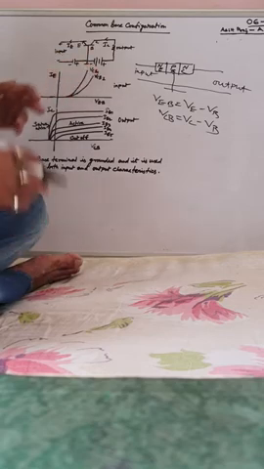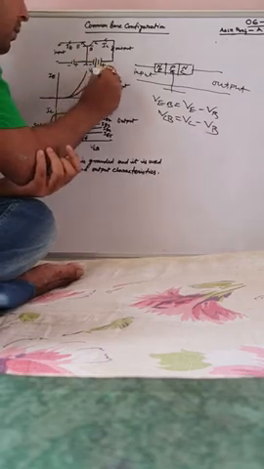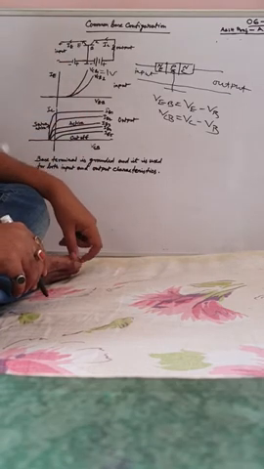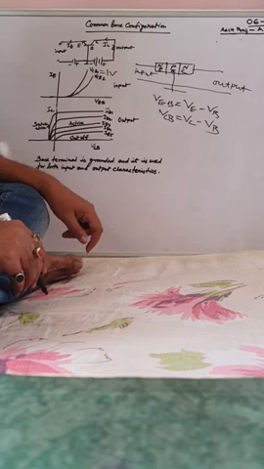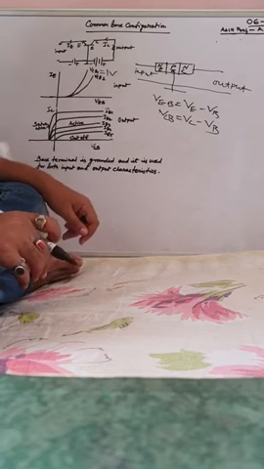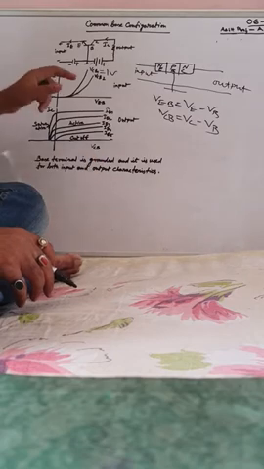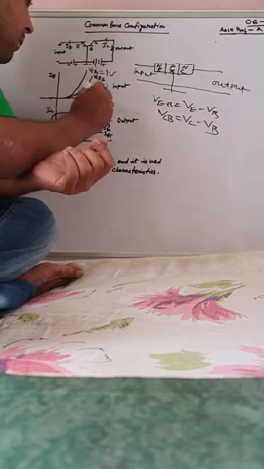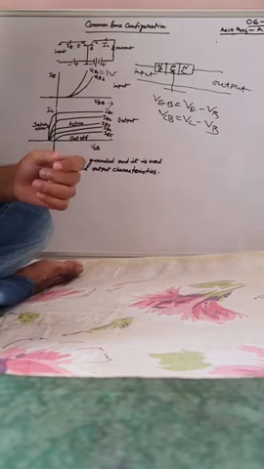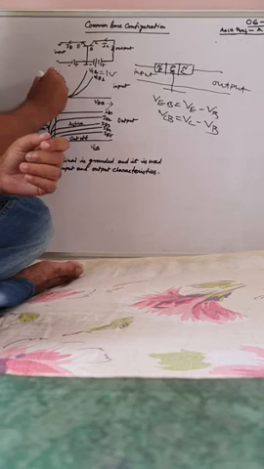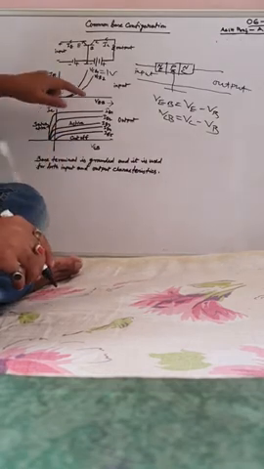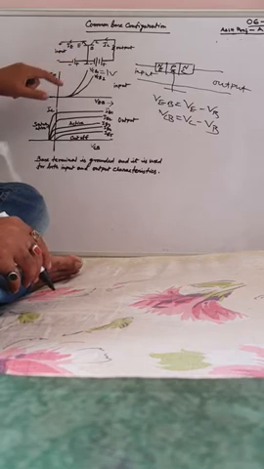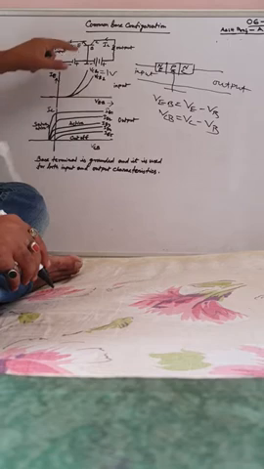Suppose we have fixed VCB at 1 volt, and we increase IE rapidly by changing VEB. We note down each value, and plotting them, the curve will look like this.